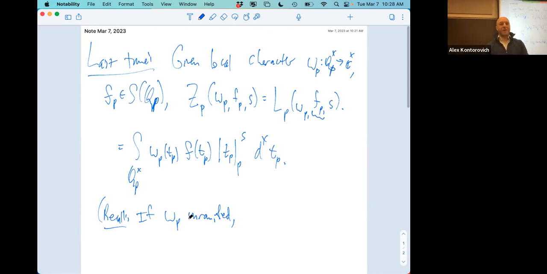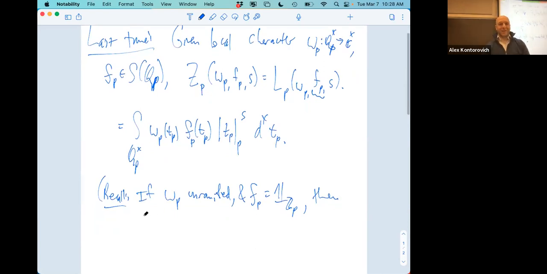So recall that if this omega_p is unramified and f_p is the indicator function of Z_p, the p-adic Gaussian, then this zeta integral is the local L factor, in other words 1 over 1 minus chi(p) over p^s.